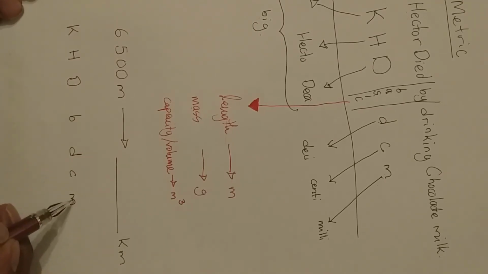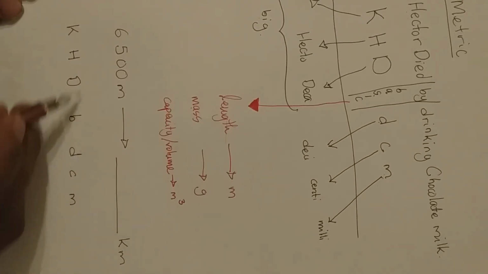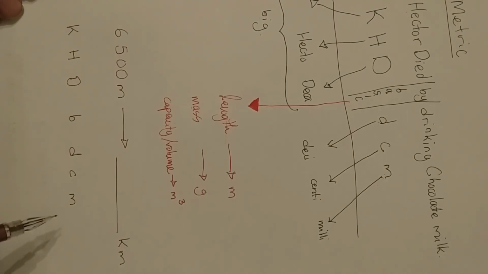Each time you move from a unit to the next one, we use the base of 10. So each time you multiply by 10 if you are moving from one unit to another. Again, I said that very crudely.